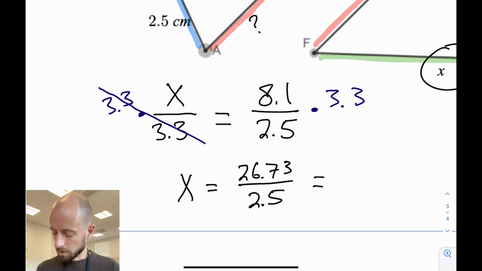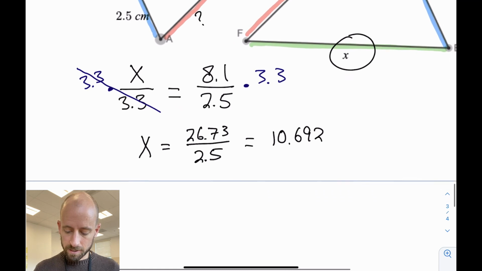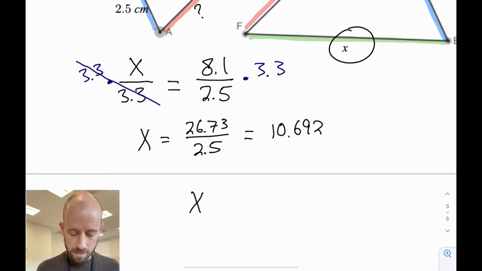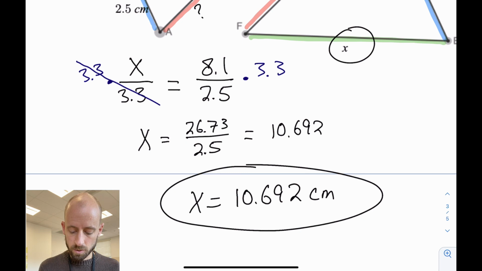When I divide that out, 26.73 divided by 2.5, I get 10.692. Let's write our answer out really cleanly. x is going to be equal to 10.692 centimeters.